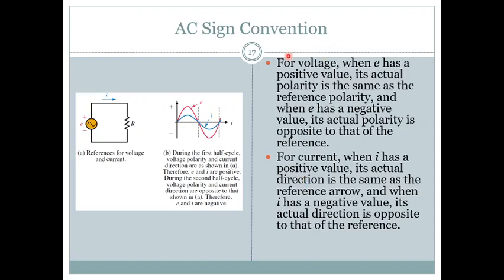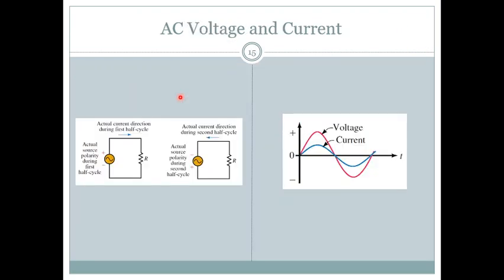The sign convention of AC: right now we will still be marking the direction of the currents as well as the direction of the voltage. That means all current, now this is time varying, as we discussed in the previous slides. It is always varying between positive and negative.